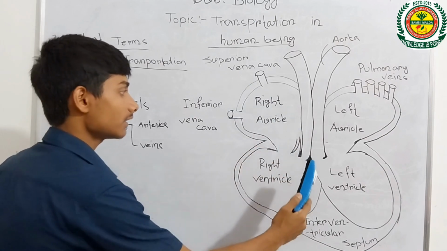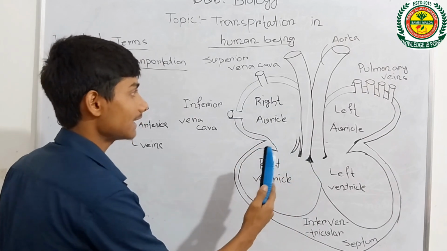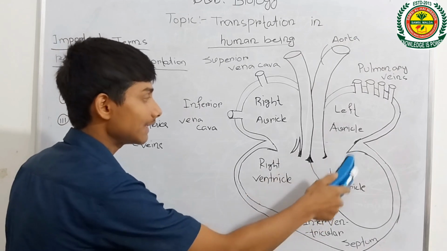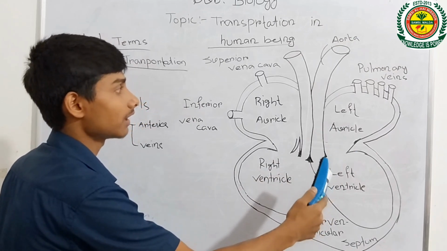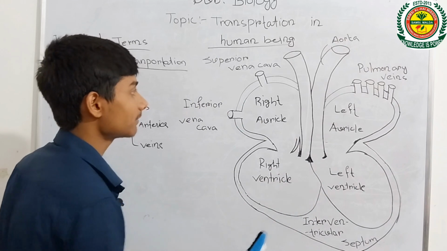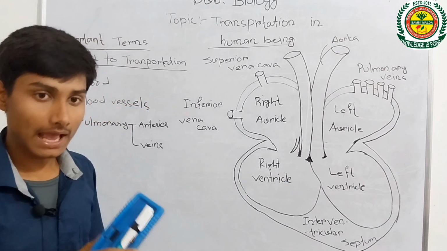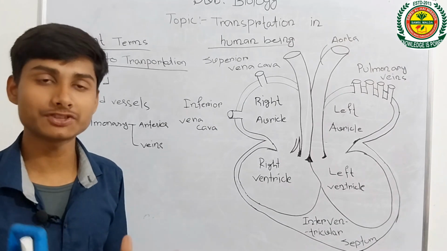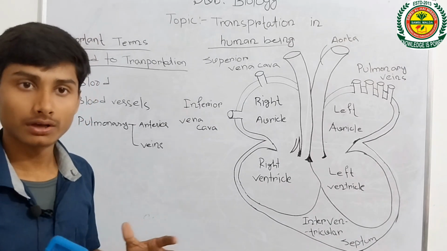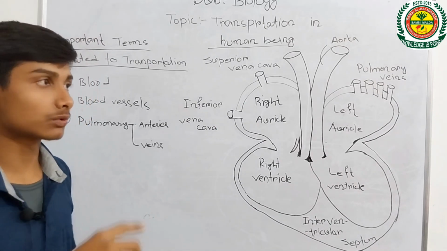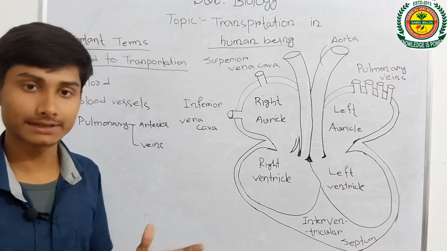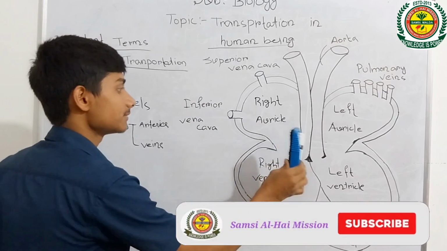So the heart is divided into two parts. The left part of the heart contains oxygenated blood, and the right part contains deoxygenated blood. We need a sufficient amount of oxygen for the energy requirement of the different cells, so the heart is divided into two.